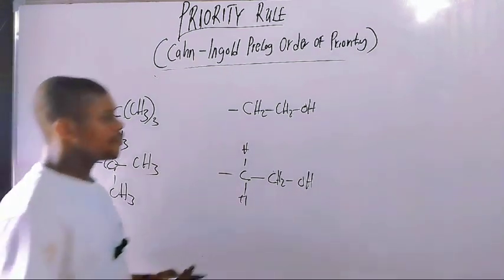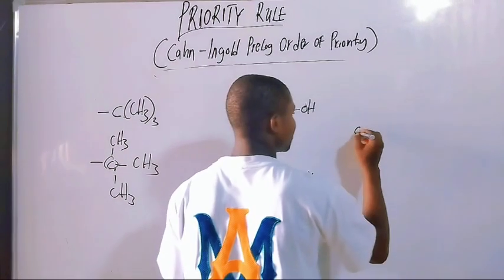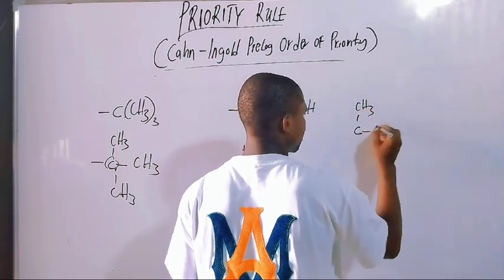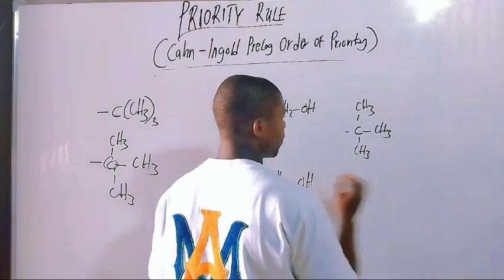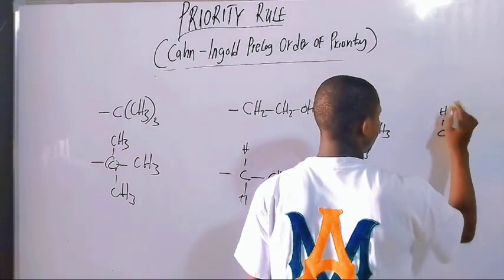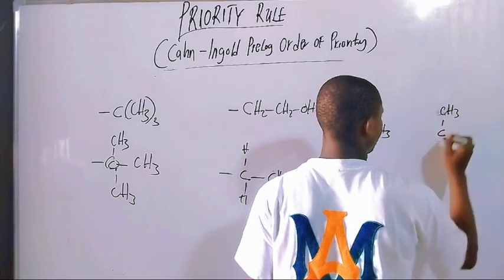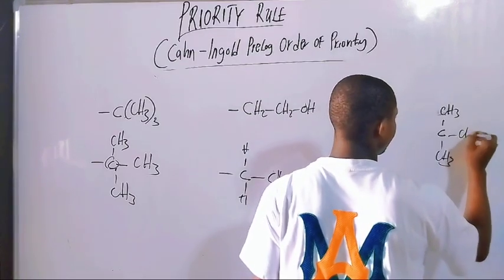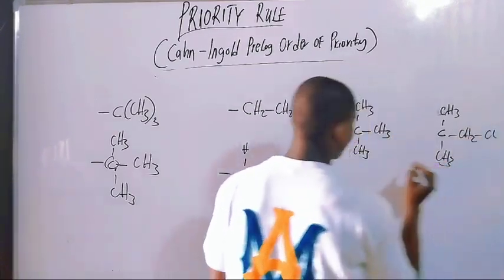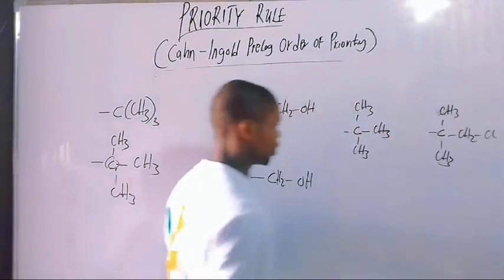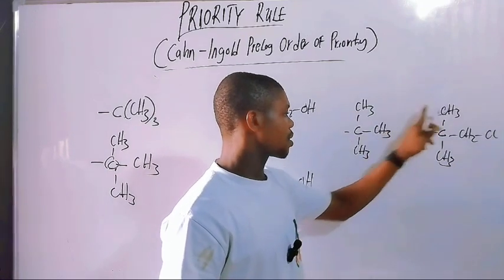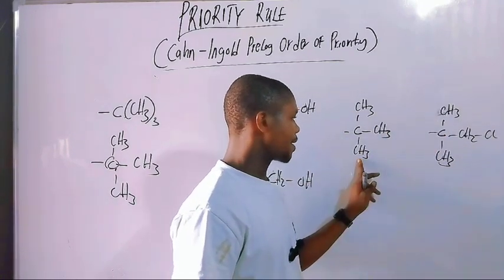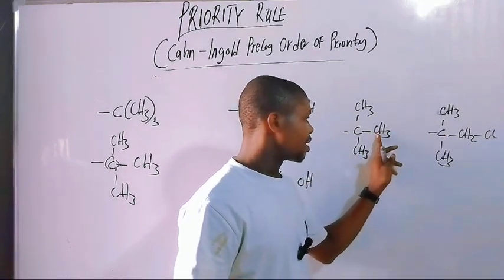If for example here we have CH3, right? And here we have CH3, CH2, Cl. Please pay close attention here. If you check this one here, now 6 and 6, right? Carbon. Here we have CH3, here we have CH2.